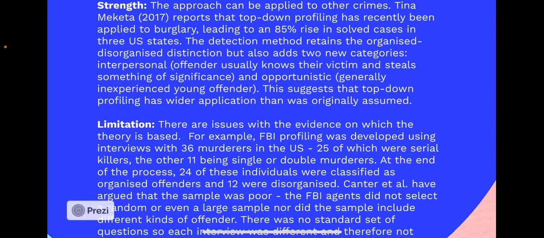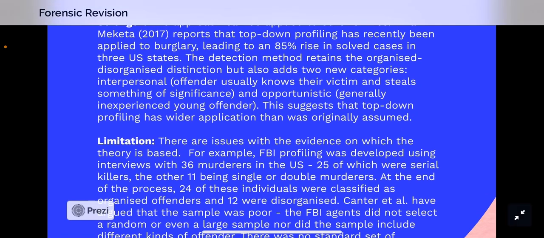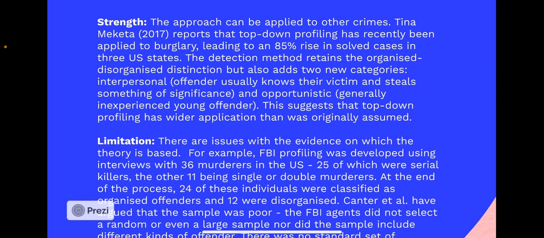Second strength, so the approach can be applied to other crimes. So other psychologists have reported that top-down profiling has been applied to burglary, and it's led to an 85% rise in solved cases in 3 US states.